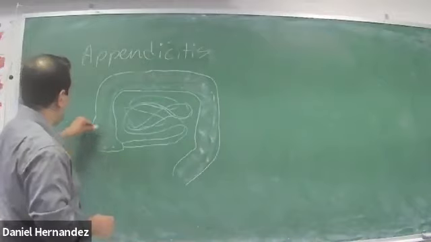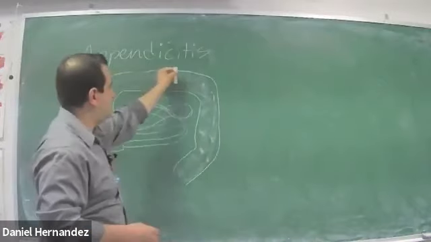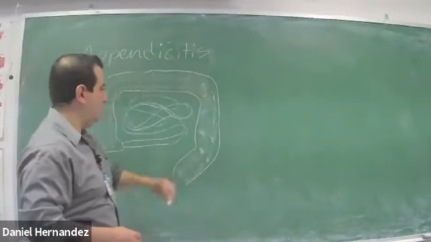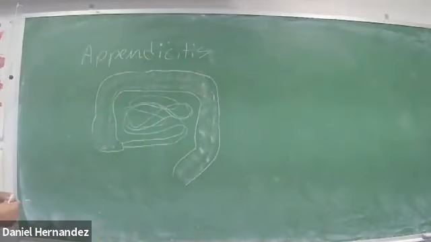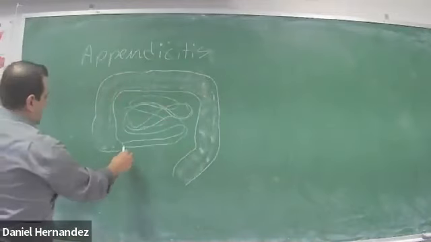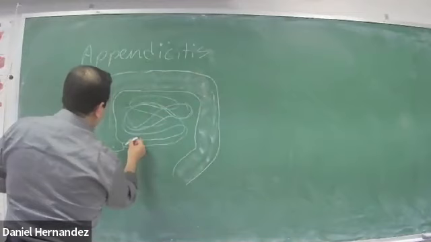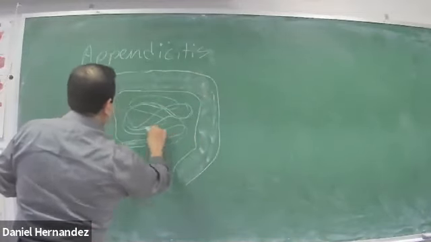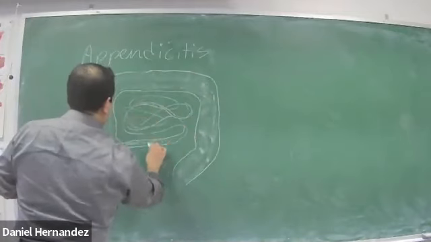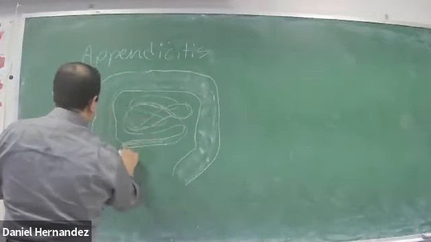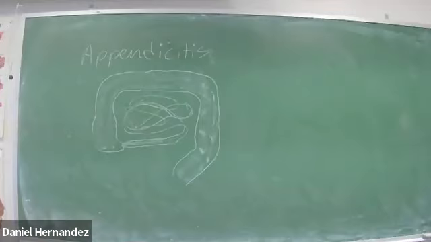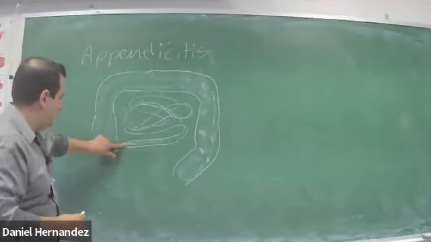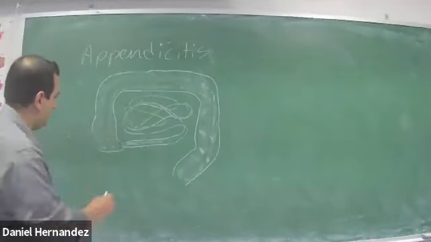We have our ascending colon, our transverse colon, and our descending colon. Over here is going to be our small intestine, which connects to the ascending colon in this area over here.